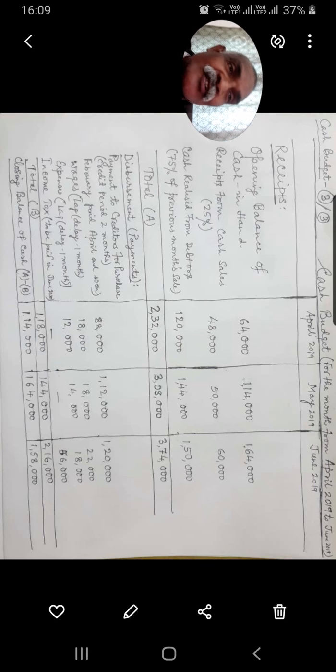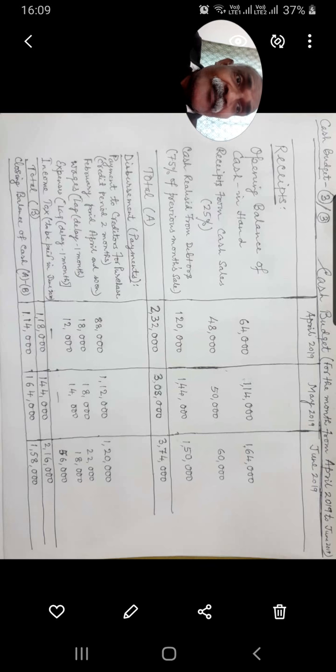This 114,000 rupees will become the opening cash balance, estimated opening cash balance in the month of May. The same way you calculate the cash budget of the month of May, that is, cash in hand becomes 114,000, which will be the closing cash balance of April.